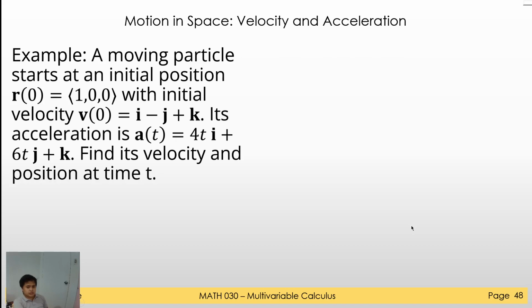Find its velocity and position at time t. So now we have a given acceleration vector, and we want to solve for its velocity and position functions. We have a given acceleration. We want to solve for the velocity and the position.